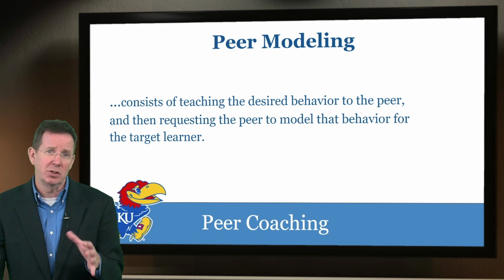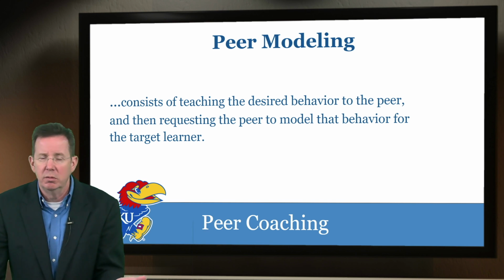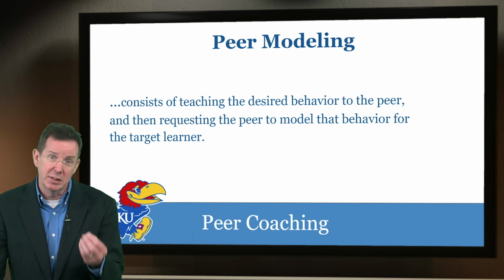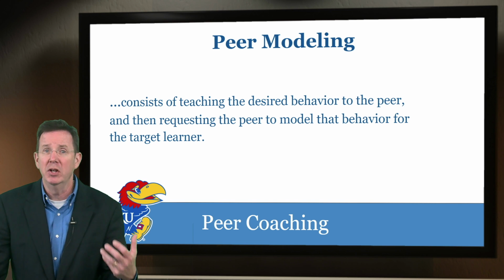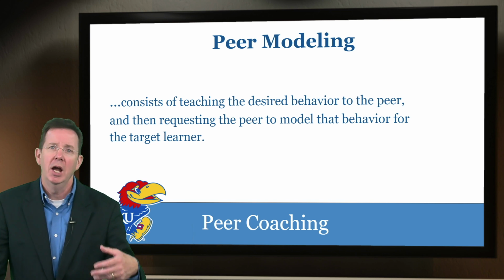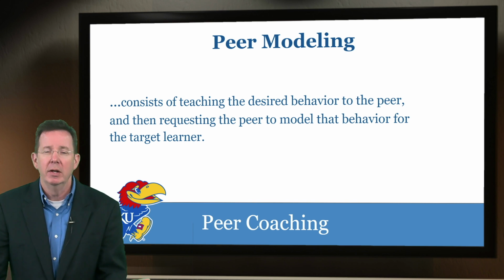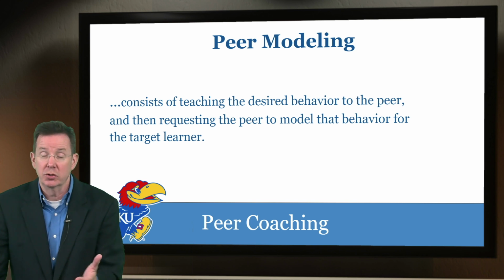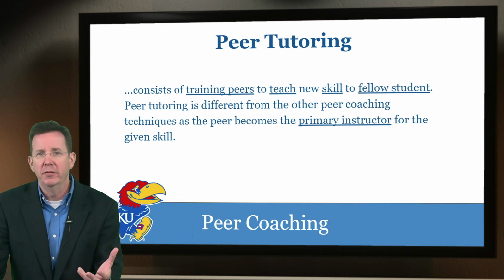Now, with this in mind, let's go through these in a little bit more detail. So the peer model does what the wording says. They model the desired behavior in a very specific, explicit manner so that the individual that they're trying to help understands what's being modeled and then is able to break that down and apply it into the instructional situation and setting that they are working in. Or the individual serves as a tutor.